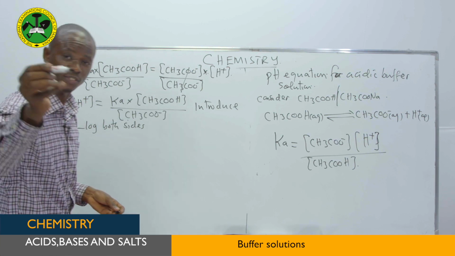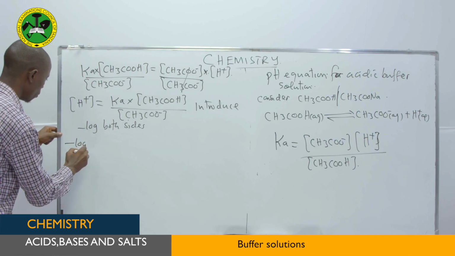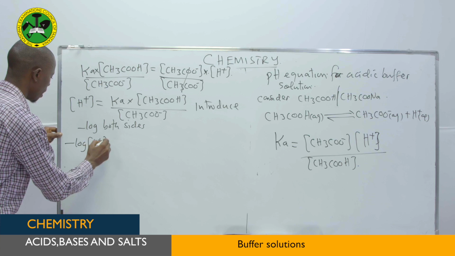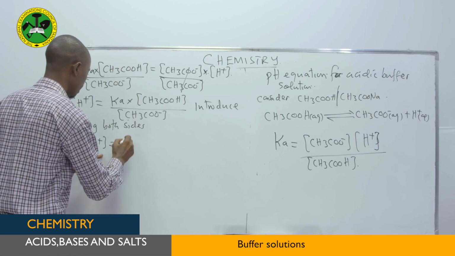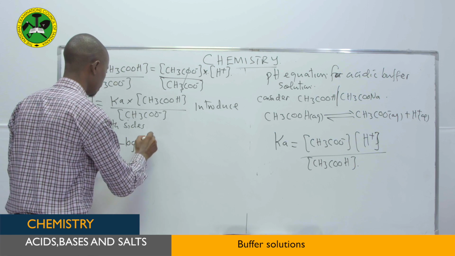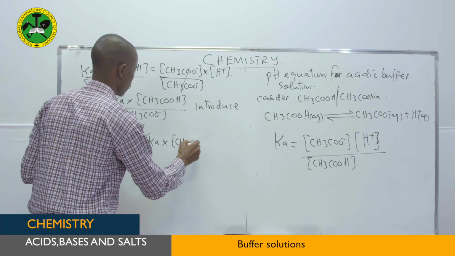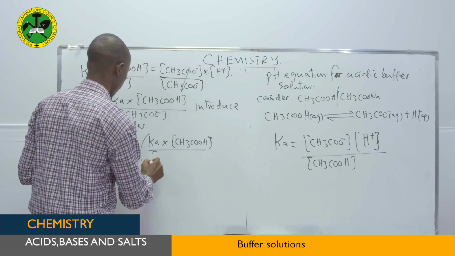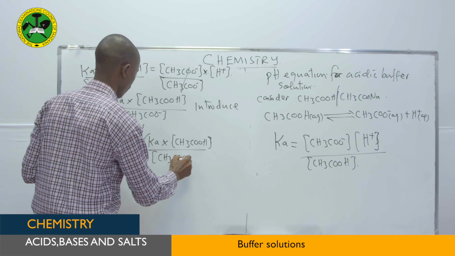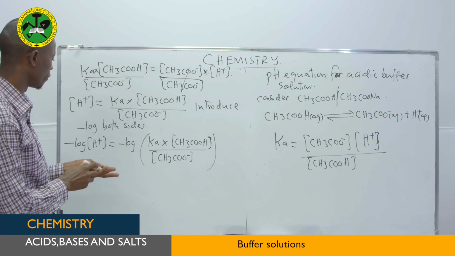If you introduce negative logarithm on both sides, you're going to have the following: negative logarithm of hydrogen ion concentration equals negative logarithm of the bracket. So it is very simple.